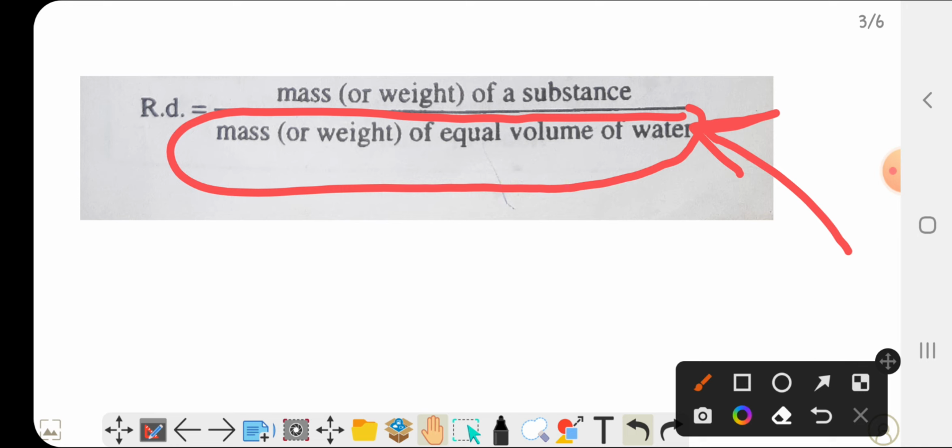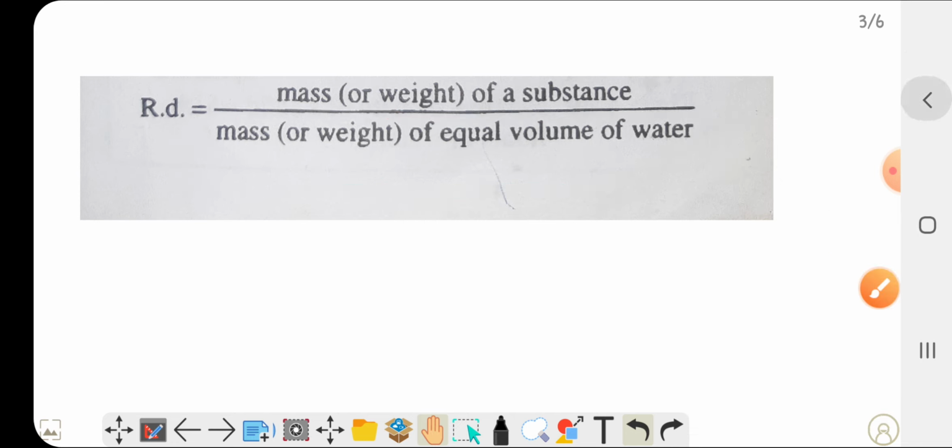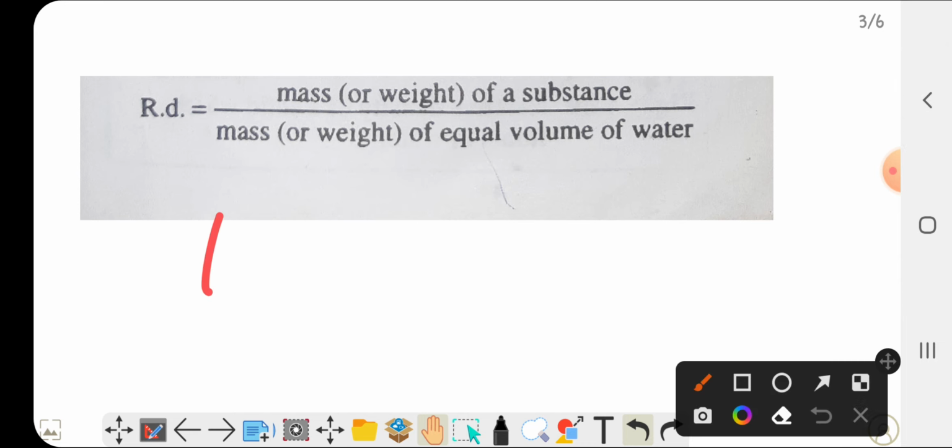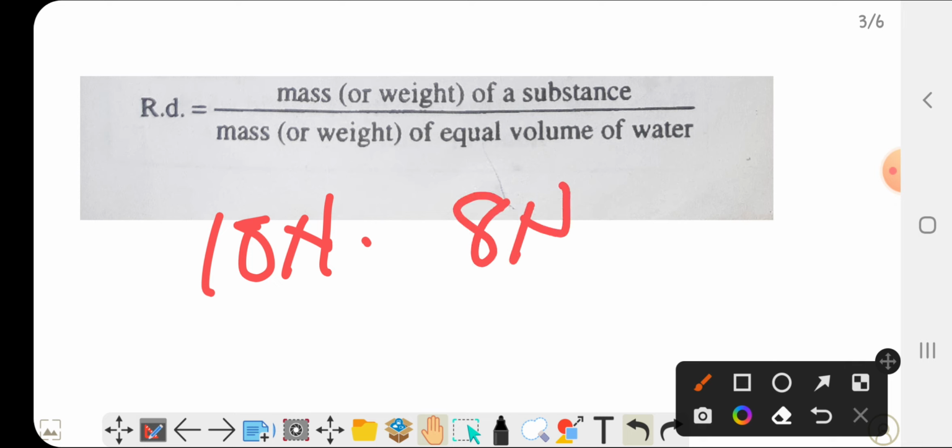So if the weight of the object is, let's say, 10 Newton in air, and you now immerse the substance in water, it now weighs 8 Newton.